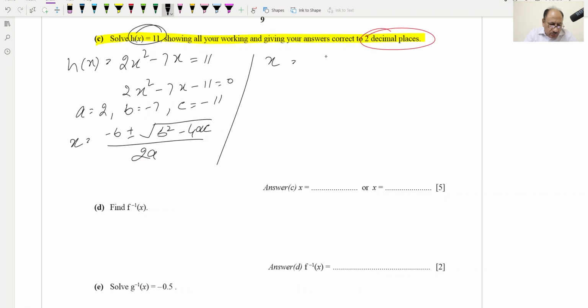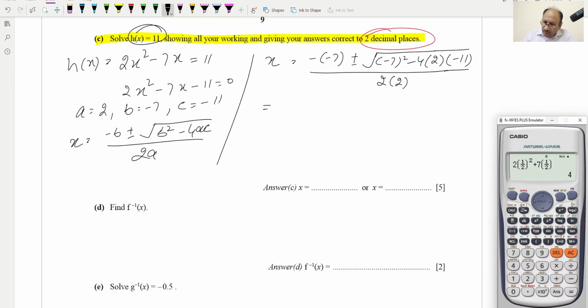So x is equal to minus b, meaning minus into minus 7, plus minus under root of b squared, it means minus 7 squared, minus 4 into a value is 2 and c value is minus 11, and divided by 2a, and a value is 2, so 2 into 2 will be 4, and we will solve with the help of a calculator.